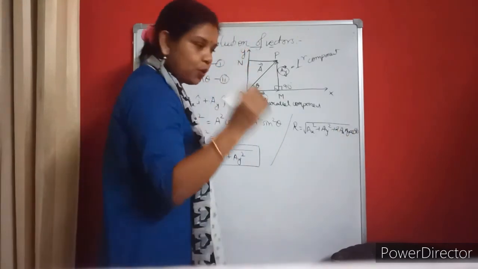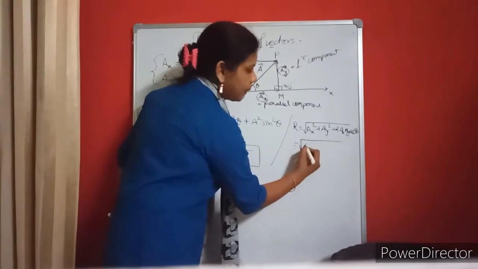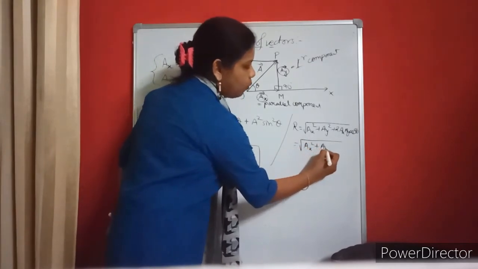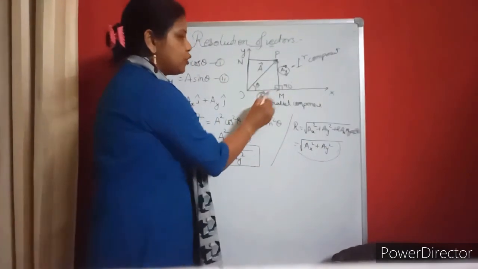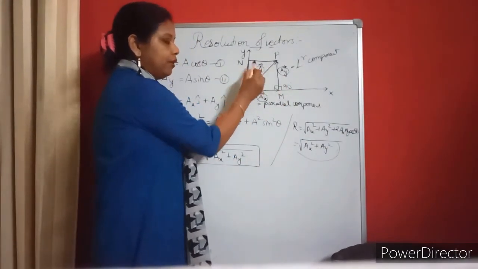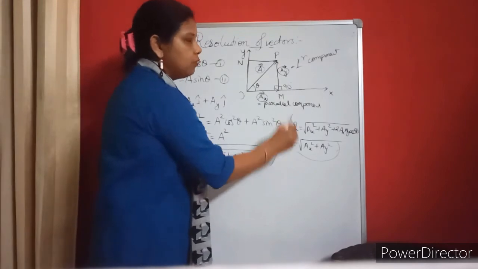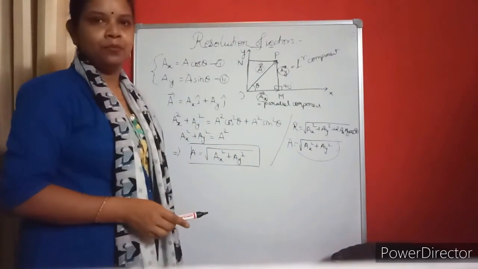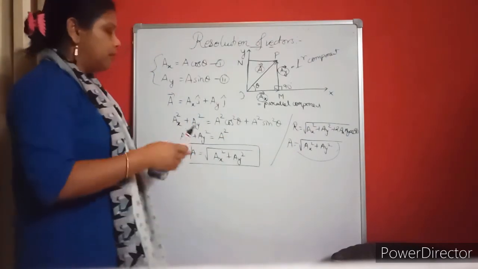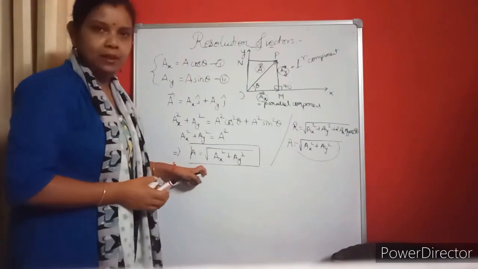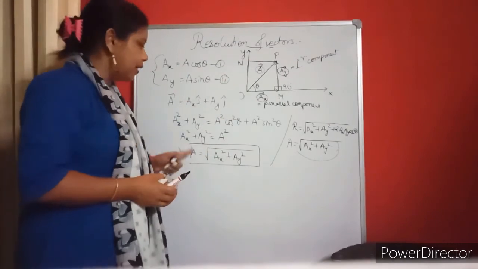Cos 90 means 0. So root over AX square plus AY square will be there. What is this? This is the resultant of these two vectors, which is equal to A. I have written A instead of R. Parallelogram law. Means we can write the parallelogram law in this way also, because this is the parallelogram law only. But since it is a resolution, we have to write like this.